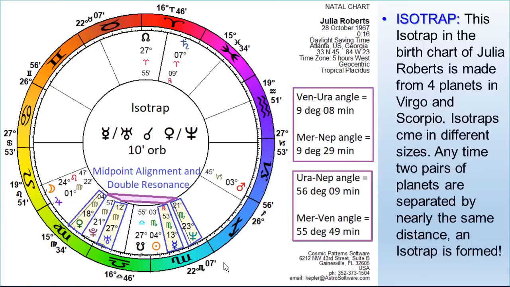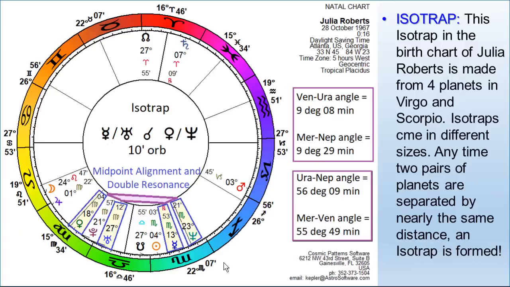So a thing to keep in mind is that if you use a half degree orb for the midpoint to midpoint, the difference in the angular distances is twice that, which is 1 degree. In vibrational astrology, we usually measure the orb of isotraps as the orb of the midpoint to midpoint.